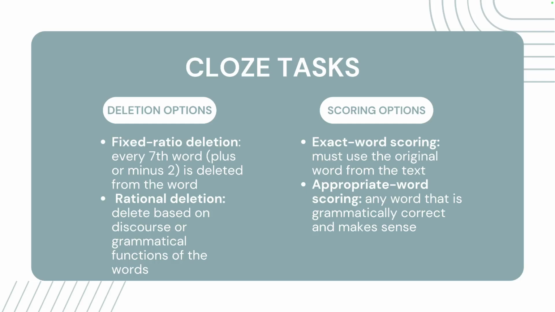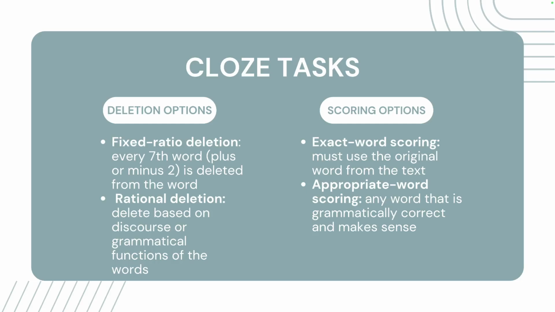Now, what I want to say is, if you are doing close for reading proficiency only, language ability, like you want to know how strong they are at English overall, then you should do the fixed ratio deletion. If you want to specifically target nouns or verbs or adjectives or past tense verbs or something, then you use rational deletion. Okay, I hope that's clear.